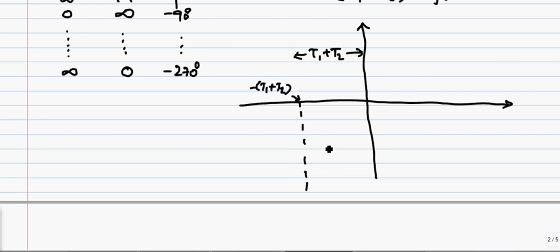Now when omega equals 0, m is infinity, so taking a very high value for the imaginary axis in the negative direction, it will be tending to this value in the real axis, and in the imaginary axis it will be infinity. We take these values, and now when omega is infinity, as shown here, m is 0 and the angle is minus 270.